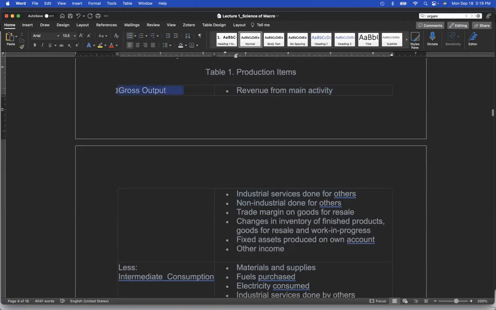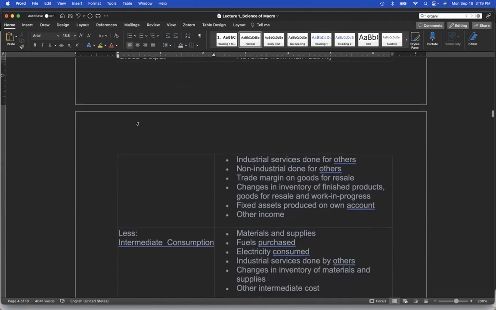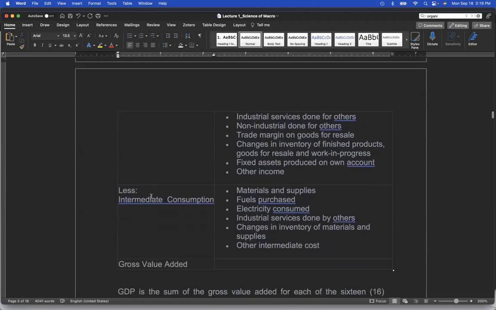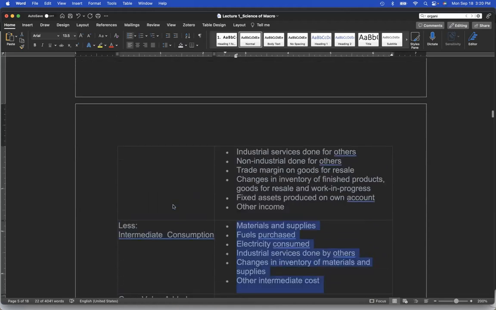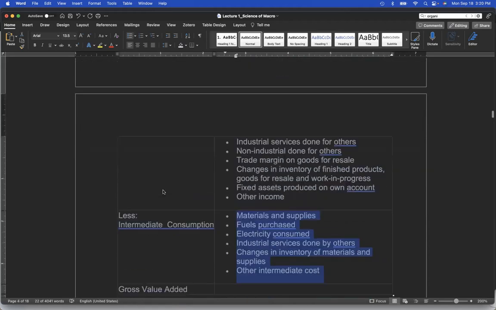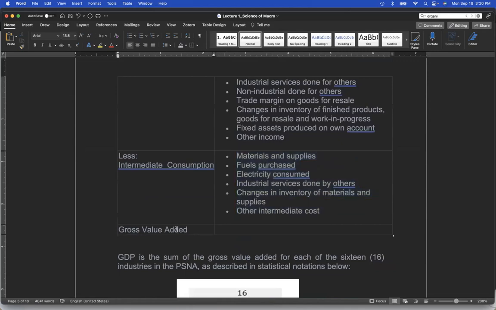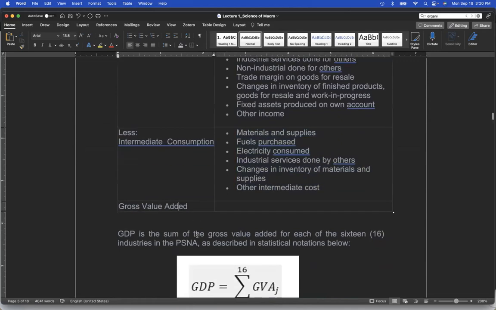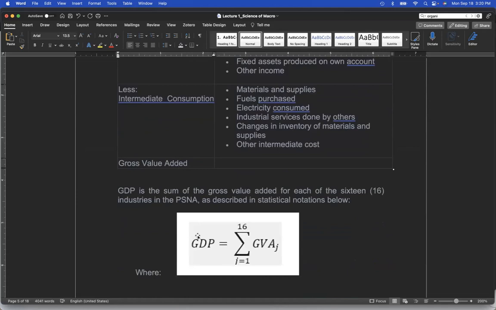And this is how they determine gross output. And then they subtract intermediate consumption to get the gross value added. They deem these things as part of intermediate consumption, and then they subtract the intermediate from the gross to come up with the gross value added at the sectoral level, GVA.